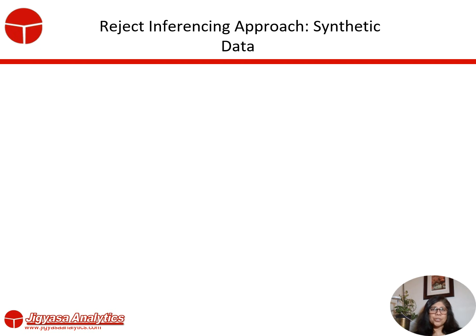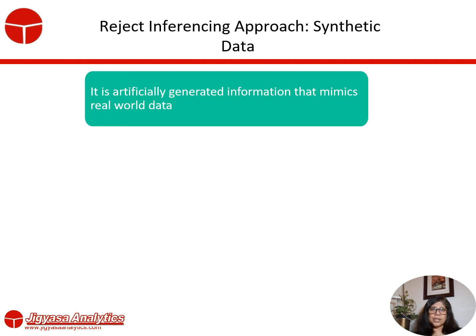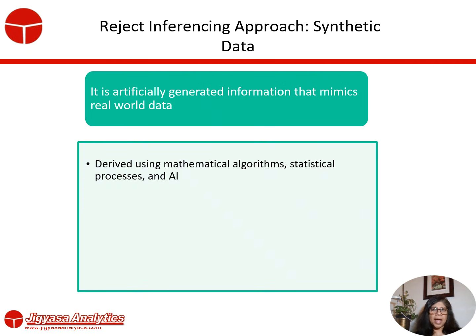We next delve into the topic of synthetic data, which is artificially generated information that mimics real-world data. It is generated using mathematical algorithms, statistical processes, and artificial intelligence methods. One of the characteristics of a good synthetic dataset is that it should not contain any direct or inferable private information from the real dataset.